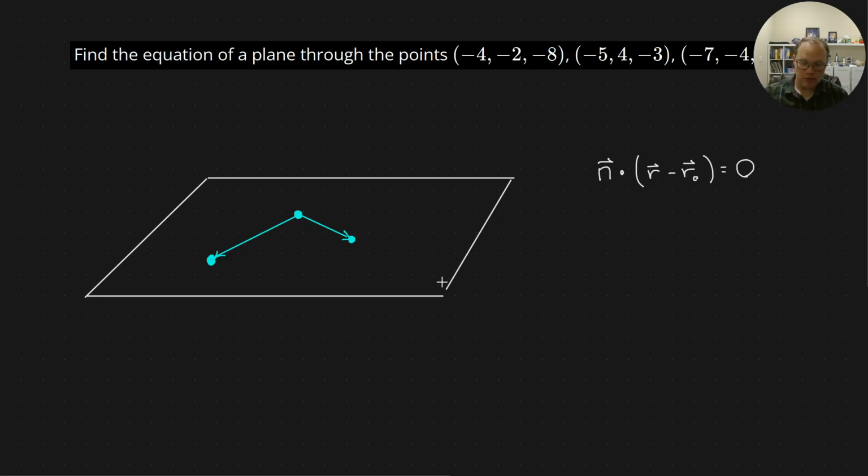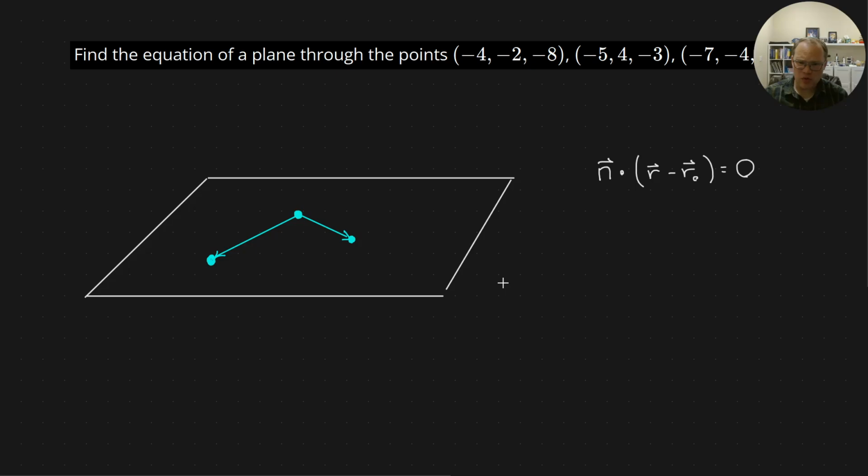End minus start. Once I have those 2 vectors, what can I do? Well, I want a normal vector of the plane, which means I want a vector that is normal or orthogonal to both of these vectors. Okay?